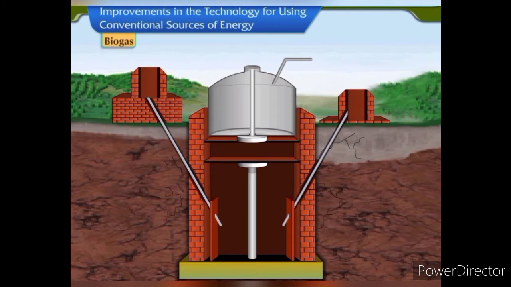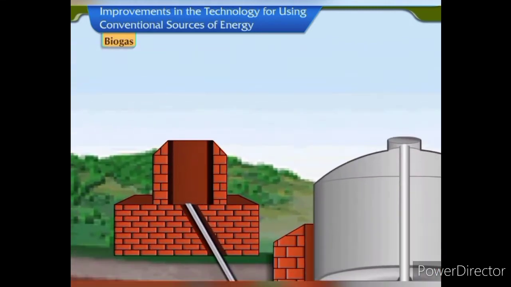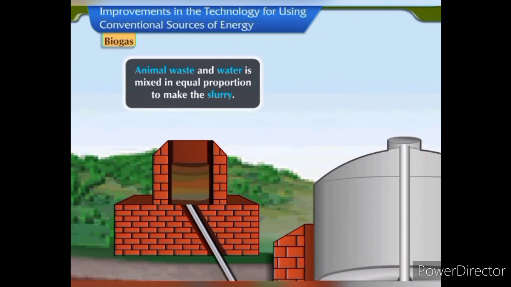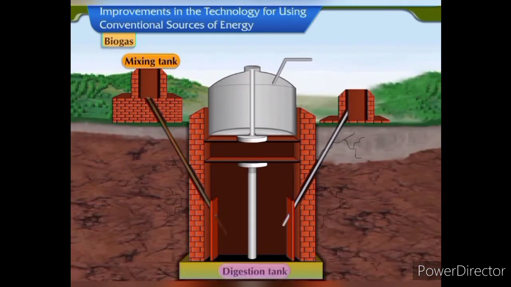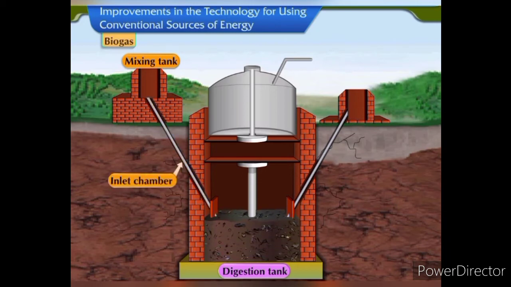Now, let us observe the working of a biogas plant. Animal waste and water is mixed in equal proportion to make the slurry in the mixing tank. The slurry is fed into the digestion tank through the inlet chamber. The tank is partially filled so that there is enough space for the collection of biogas that would be formed.